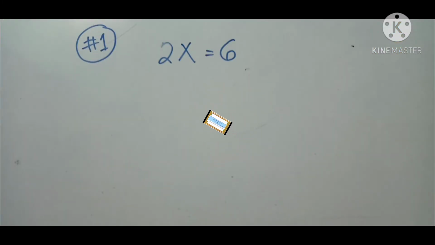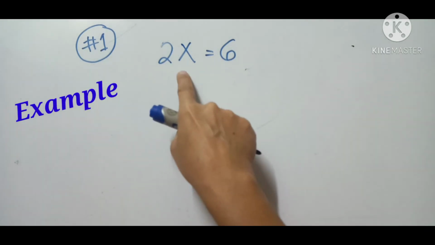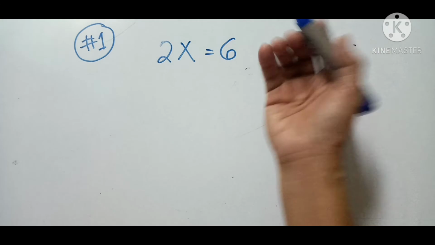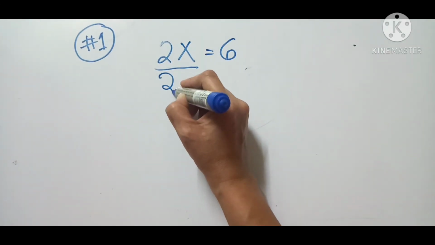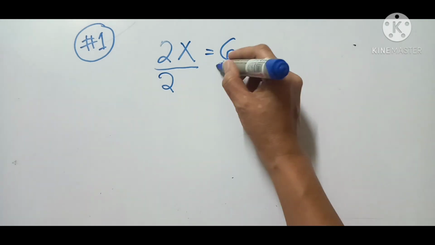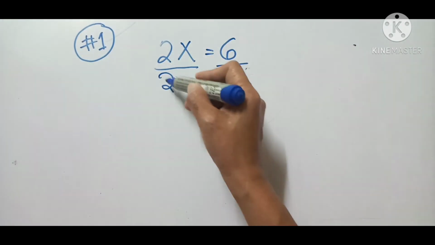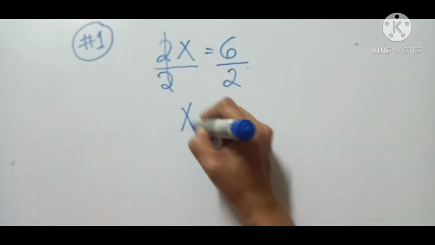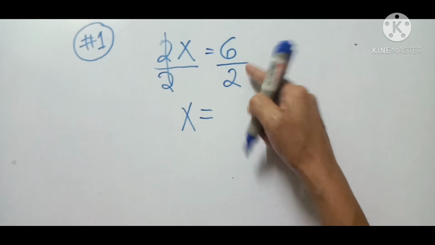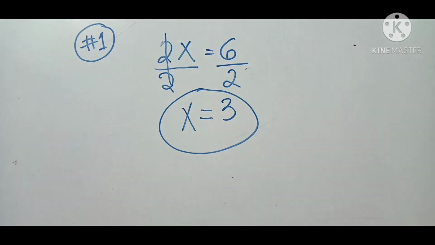Let's have the first example. 2x equals 6. Divide both the left and right by 2 in order to get the value of x. So cancel 2 and 2. So x remains. Then divide 6 by 2, which is 3. That is now the value of x.